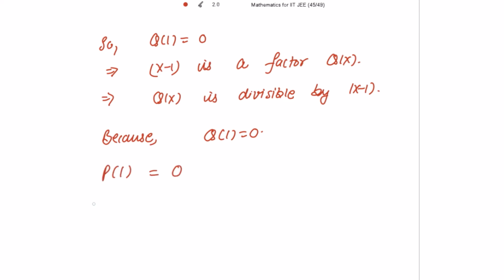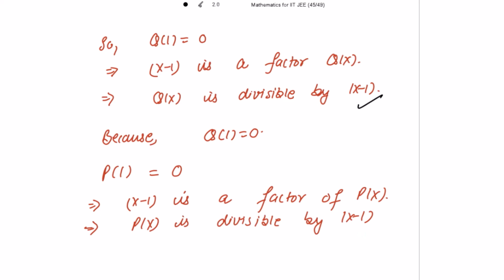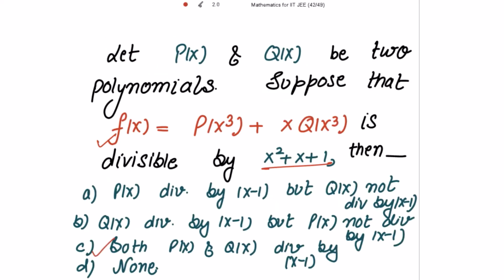When P(1) equal to 0, by the factor theorem x minus 1 is a factor of P(x) also, so P(x) is divisible by x minus 1. From these two statements, we say that P(x) and Q(x) both are divisible by x minus 1. Hence, the third option is correct.